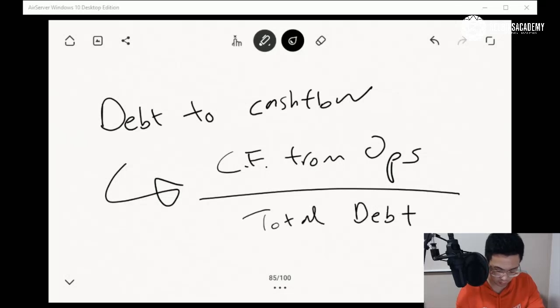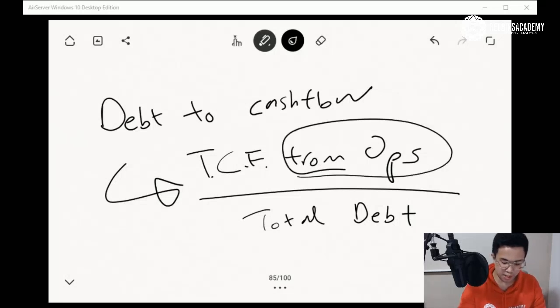Total cash flow from operations divided by total debt. Now I think most of the words there are self-explanatory. Perhaps the only word you might want to clarify, or might find a bit more unclear, is from ops. So what exactly does this mean?